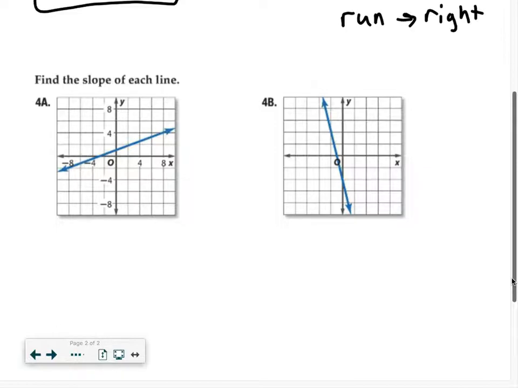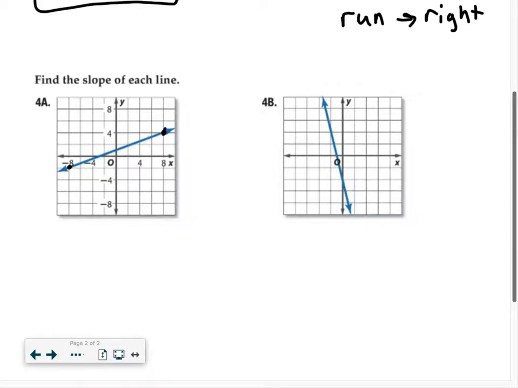If you're looking at this graph 4a, go ahead and practice it. This one's kind of challenging to find where actual points are, because there are some that are really close to going through the corner of those boxes. Like this one here, I don't think they intend it to be a point, but if you used it, that might change your answer a little bit. That one just seems a little low to me. So the two I would use are these right here, which are the most clearly cut.